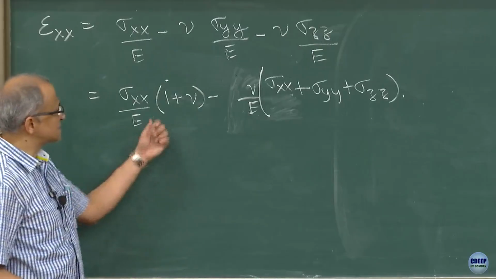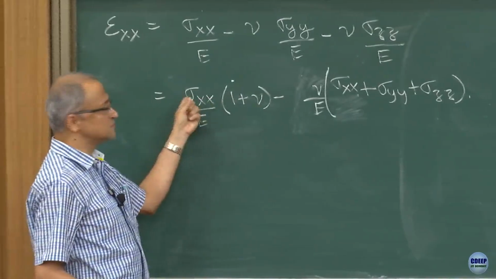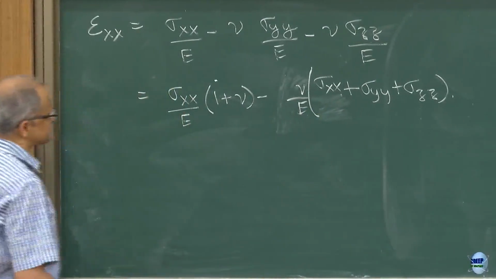So all I have done is added and subtracted this term. I've added this new term, nu times this term here, and I've subtracted it. So I've not changed the equation.